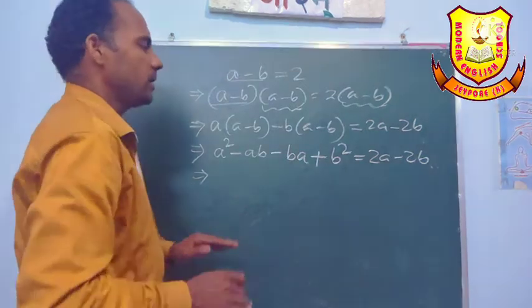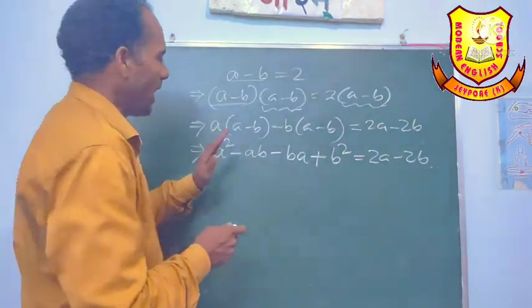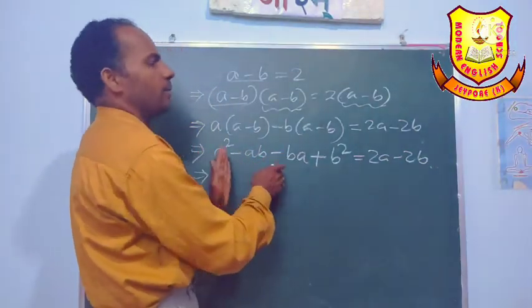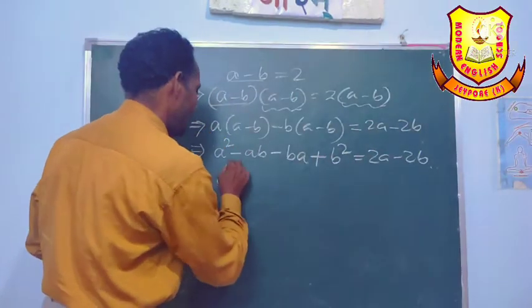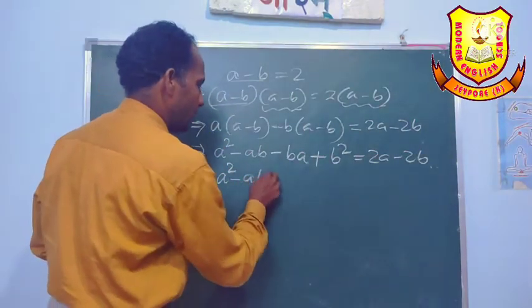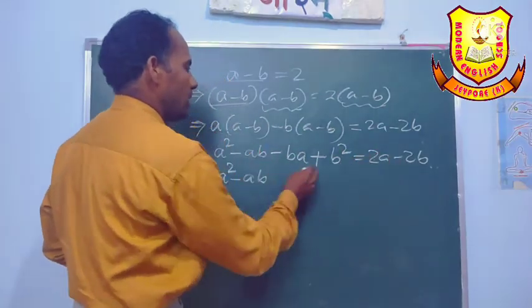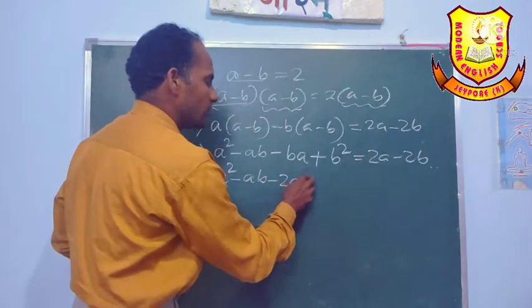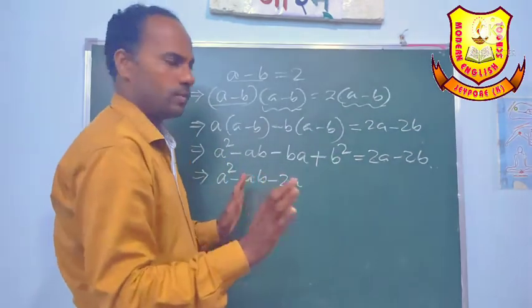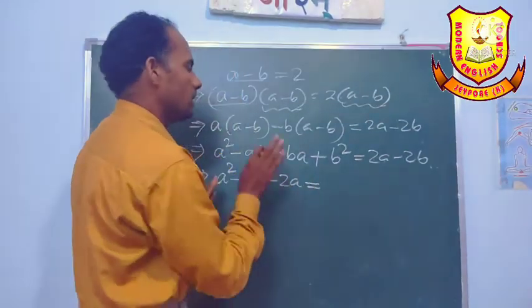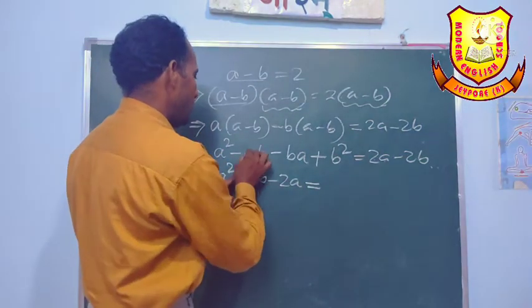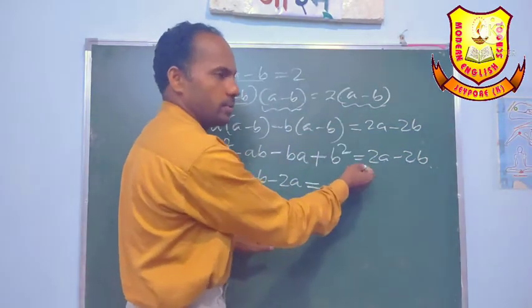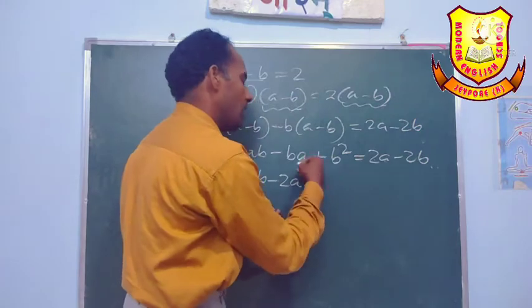This implies that I will apply another transpose. I will keep the a's on one side and the b's on the other side: a square minus ab minus 2a. This 2a was plus on the other side, so it comes to this side as minus 2a. There is no problem. That is equal to, now this minus ab goes to that side as plus ba, which means plus ab.